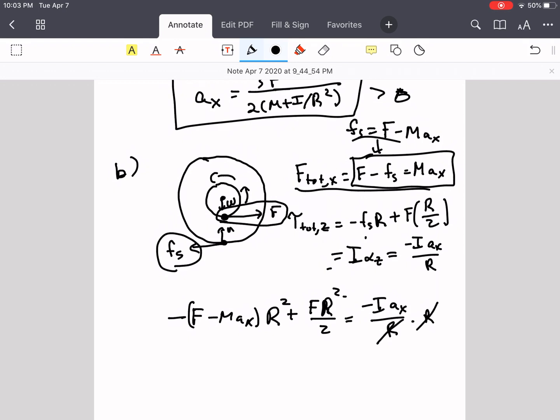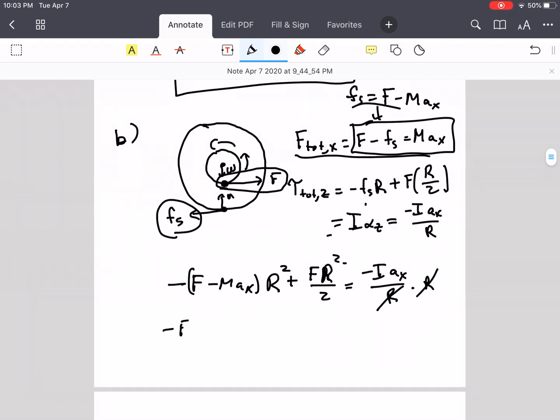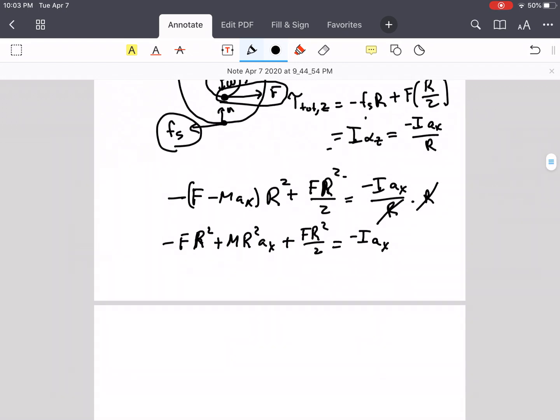And now I'm almost good to go. So let's write out all these terms. I have negative F r squared plus m r squared ax plus F r squared over 2 is equal to negative Iax. Bring the ax terms over to the left-hand side. Bring the F r squareds over to the right-hand side.